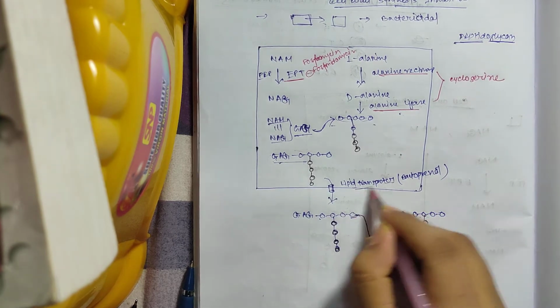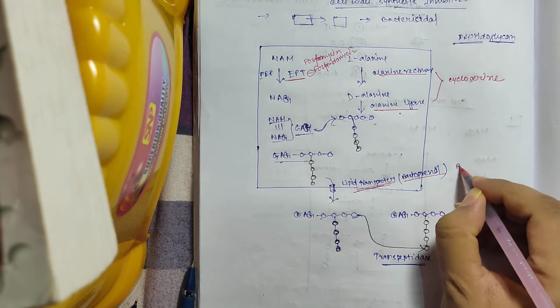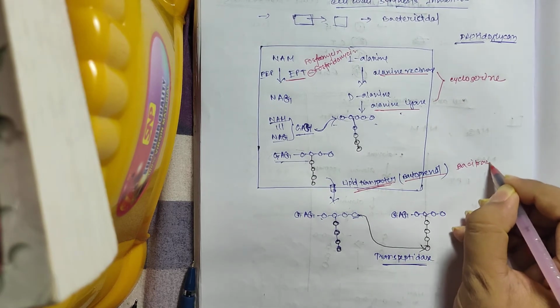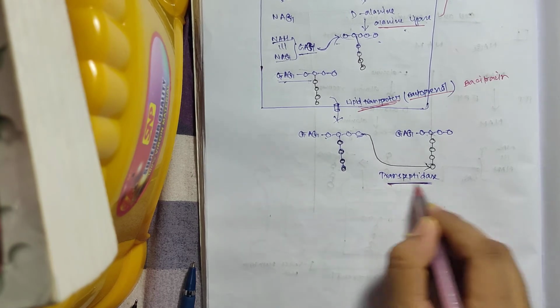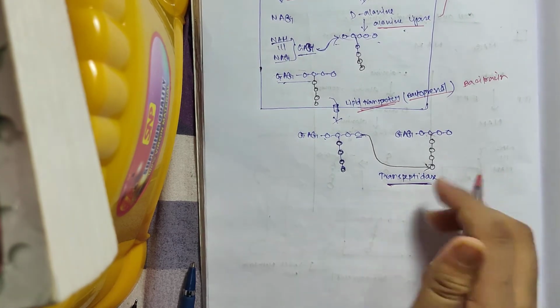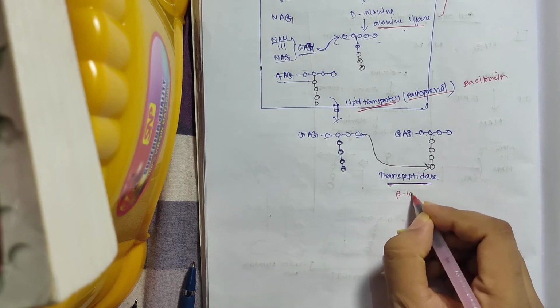This lipid transporter, bactoprenol, is inhibited by bacitracin, and we can inhibit transpeptidation by a class of drugs known as beta-lactams.